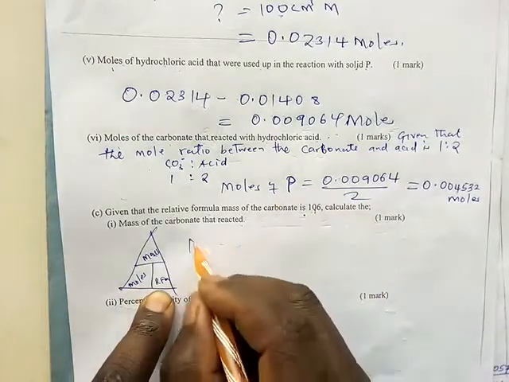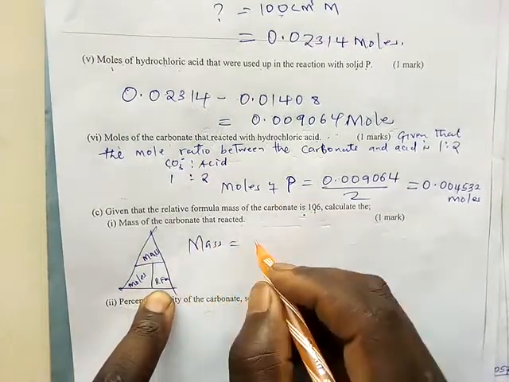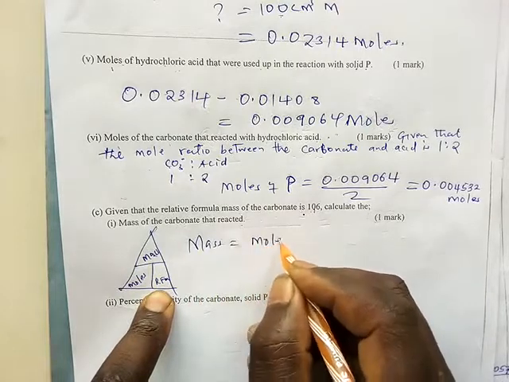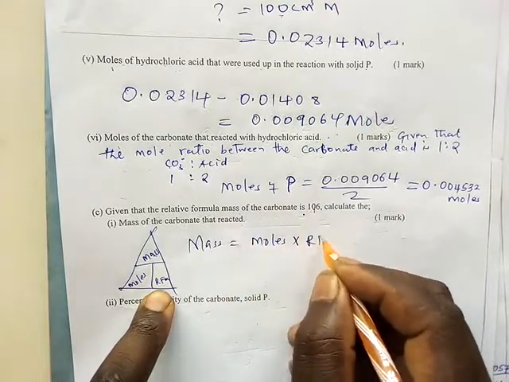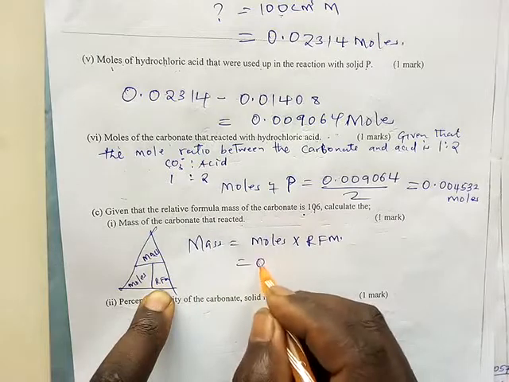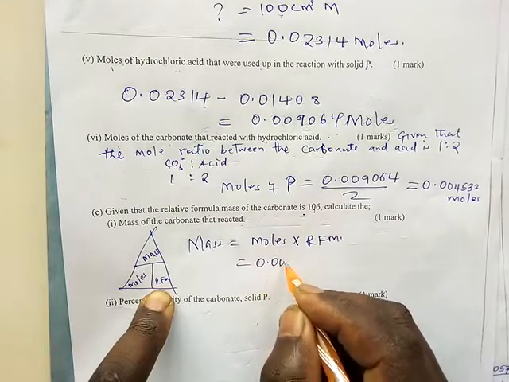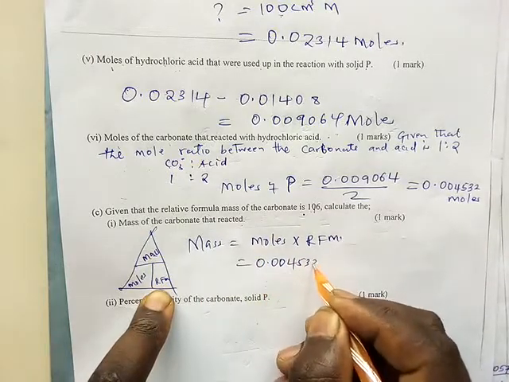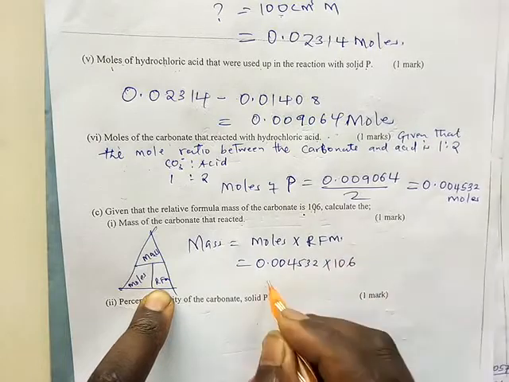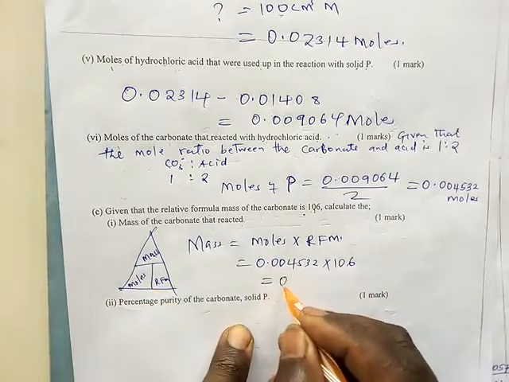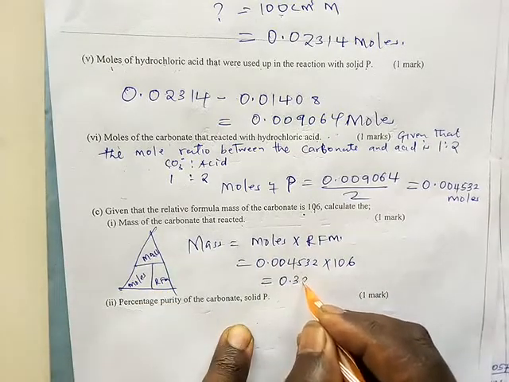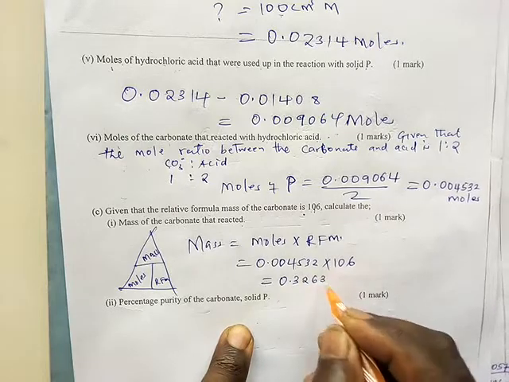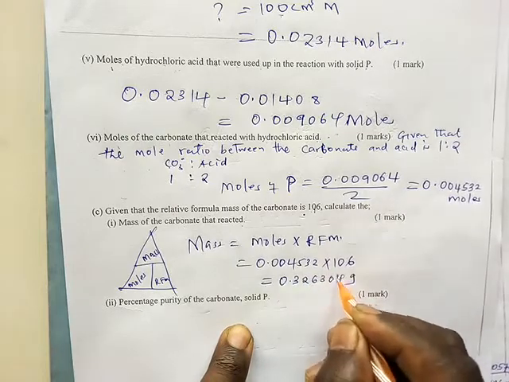So mass equals moles times RFM, 0.004 times 106. This one gives you 0.326304 grams.